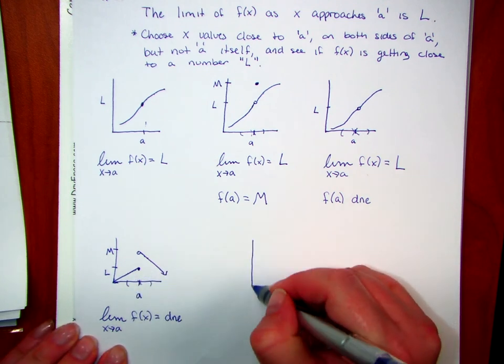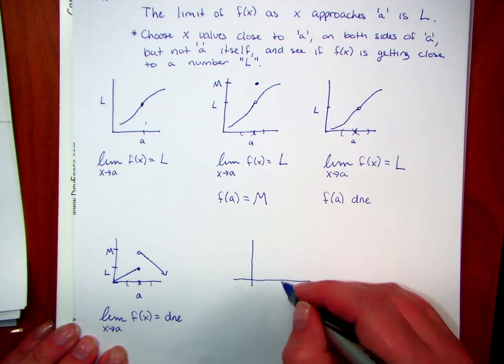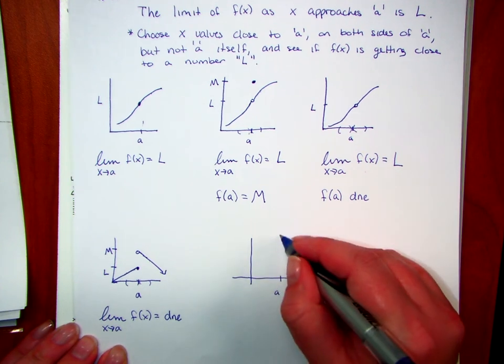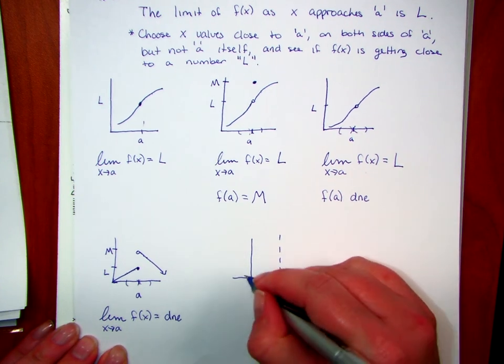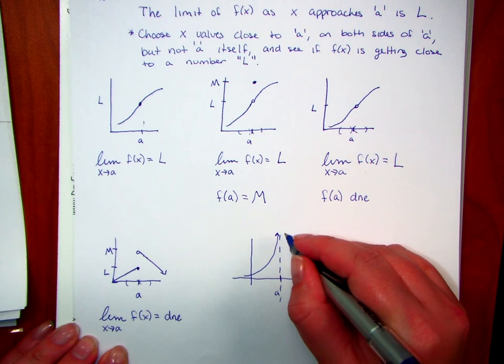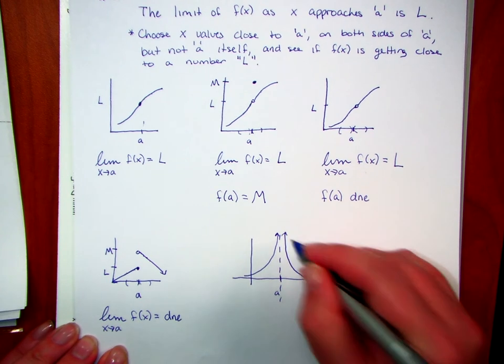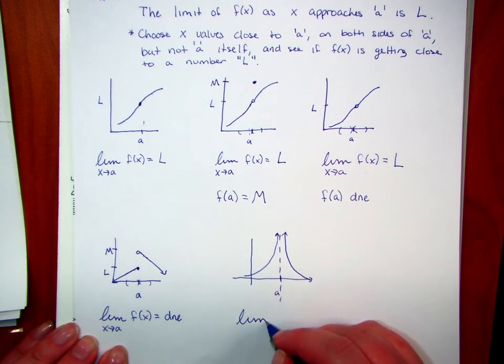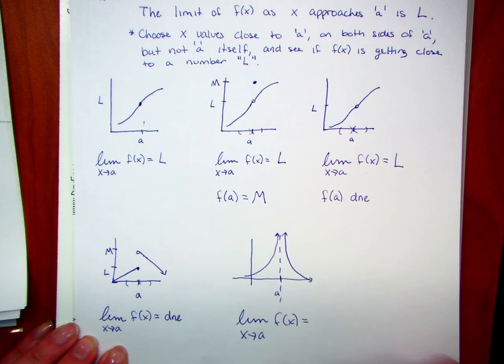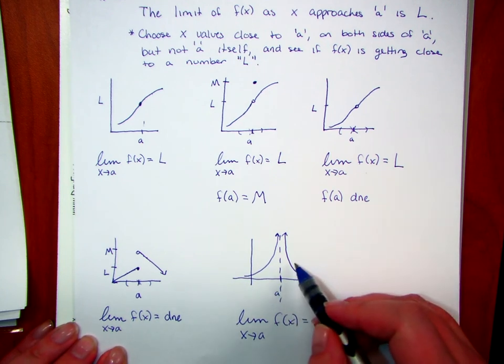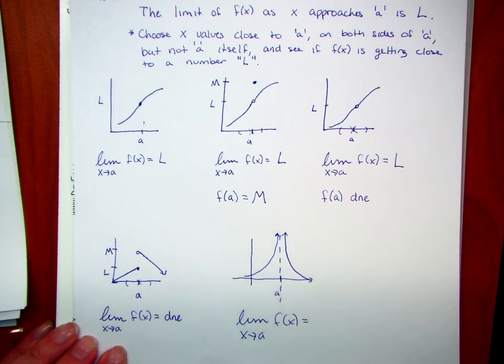Another instance where a limit does not exist is if there was an asymptote. So if we were to look at the limit as x approaches a of this function, the closer we get to a, the faster these function values are growing.